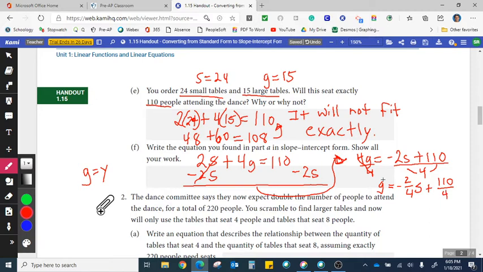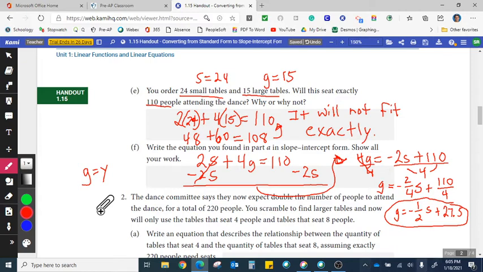This 2 over 4 reduces to 1/2, so g is going to equal negative 1/2 s. And we found earlier that the b value is going to be our y-intercept, and our y-intercept was 27.5. We already did that division, 110 divided by 4. So that's our equation in slope-intercept form.